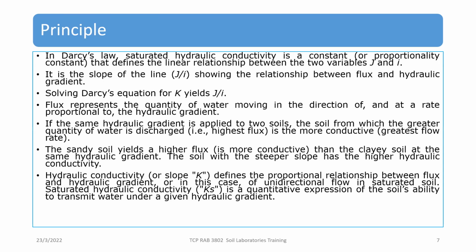Solving the Darcy equation for K, the hydraulic conductivity equals flux over i. So the flux represents the quantity of water moving in the direction of, and at a rate proportional to, the hydraulic gradient.